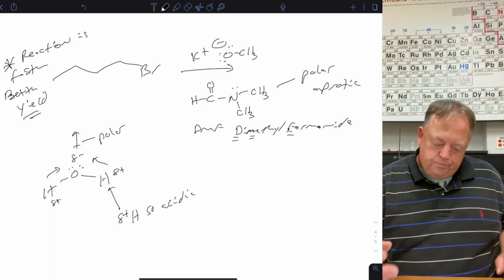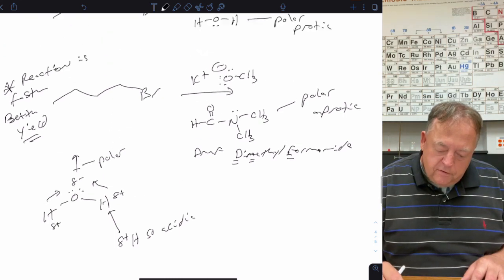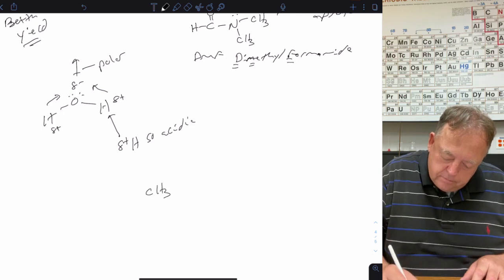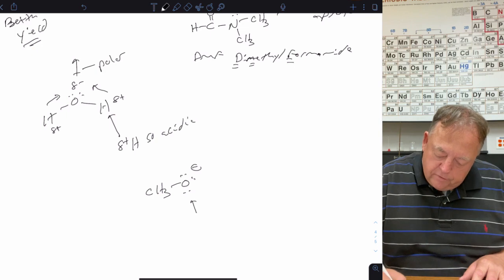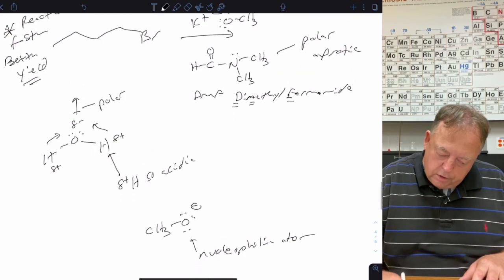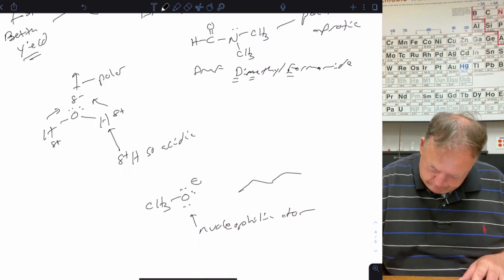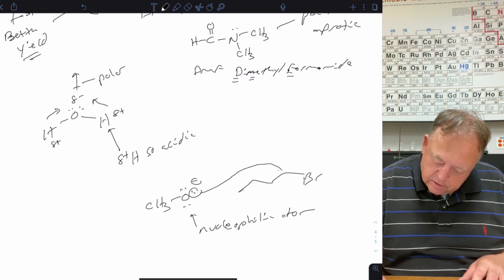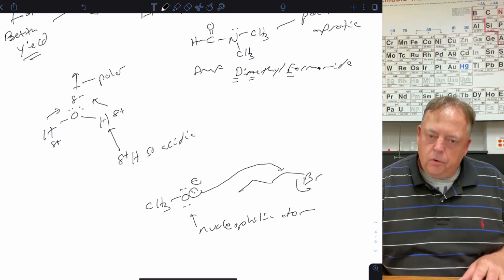So it's acidic. So the problem with a nucleophile like this is, so if we take our nucleophile, and so that's the nucleophilic atom. All right, so for this reaction to work, we need a lone pair of electrons on oxygen to attack this carbon and kick off the bromine.